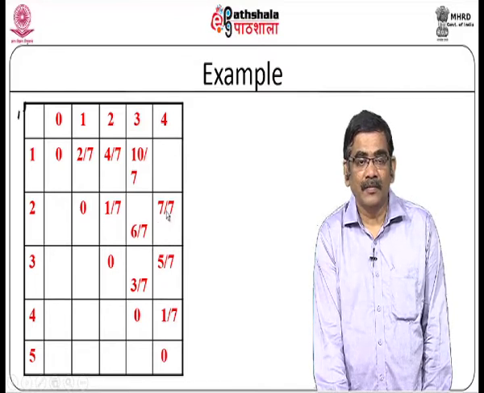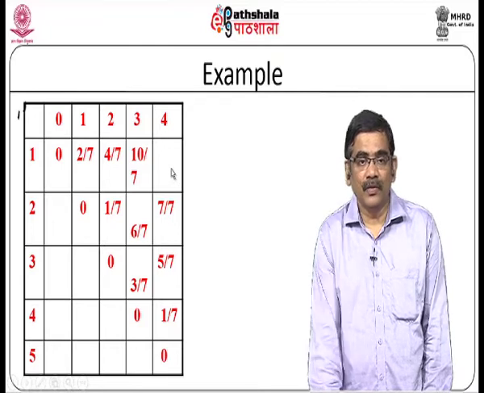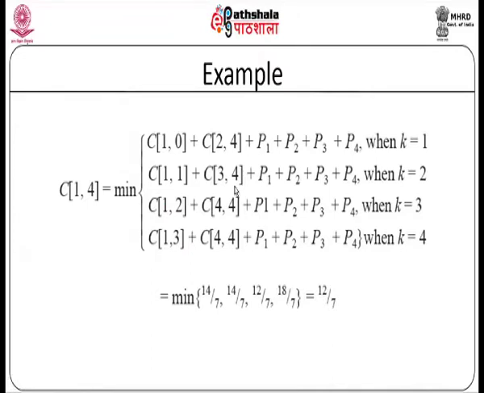So, now we have to find out only one thing, that is 1 comma 4, that is our goal. Again by applying the recursive definition we can see that it is going to be the minimum of all these factors, which turns out to be 12 by 7.